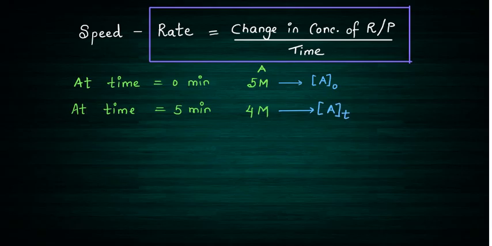So if we have to calculate the rate of the reaction, the rate is equal to final concentration minus initial concentration, that is 4 minus 5 upon 5 minus 0.